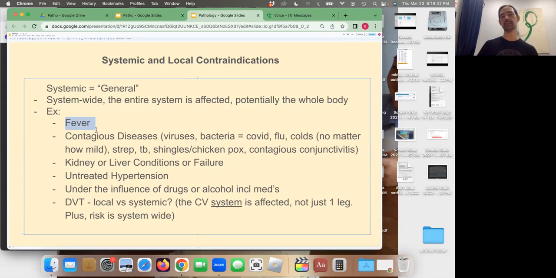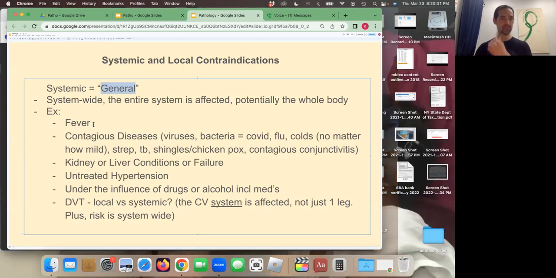And you can see in the case of something like fever or a contagious disease, you can see how the word general would be more appropriate than systemic. When they say systemic, I think sometimes they mean a body system, and sometimes they mean the entire body, or sometimes they mean general. So you have to keep that in mind. Systemic in general can be synonymous, or it can mean system-wide, one system at a time.